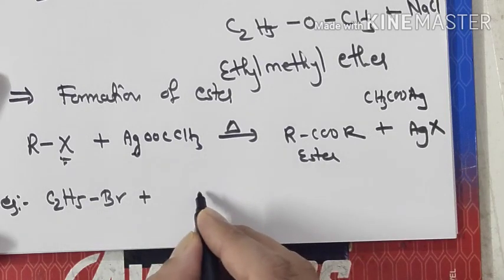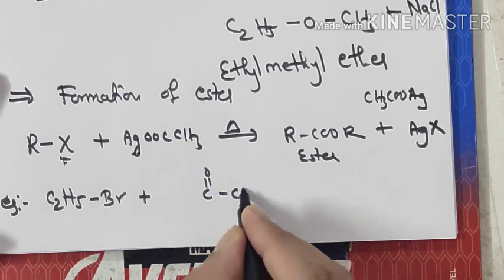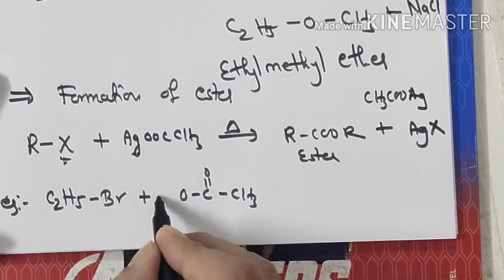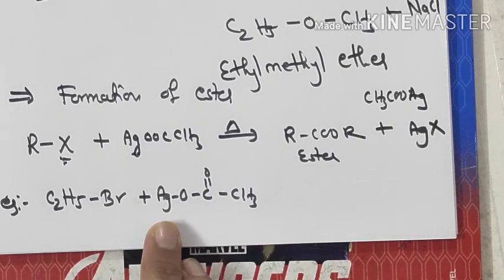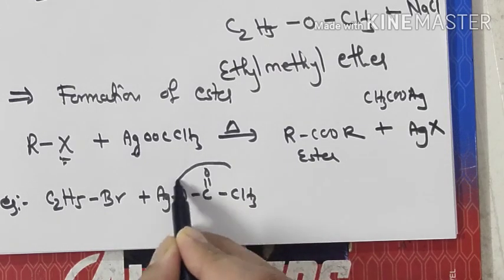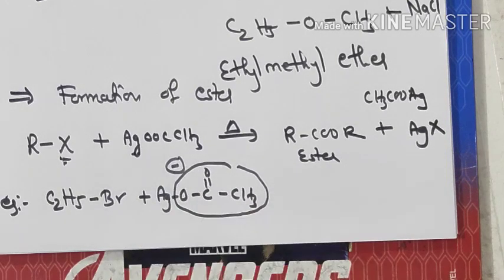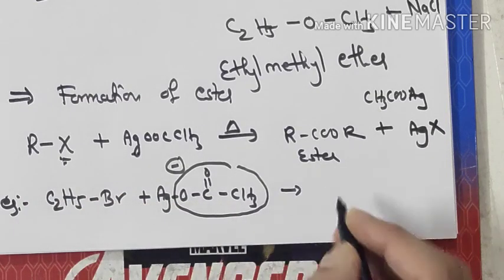So C double bond O, CH3O, and I write here Ag. Now, what is going to act as a nucleophile? This whole part will act as a nucleophile, which means it acquires a negative charge. So this is going to attack over here, and this Br comes out, AgBr combines.